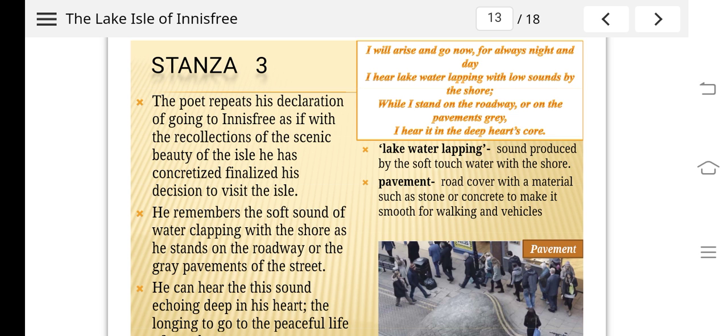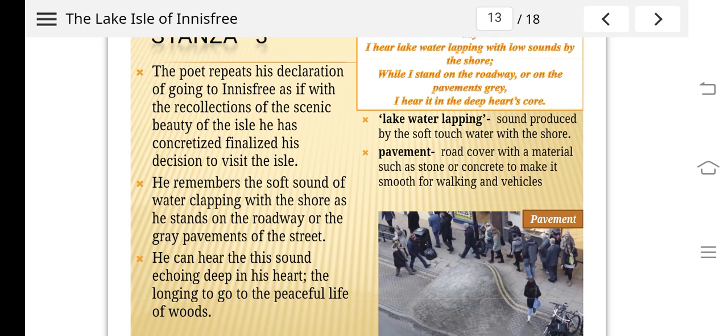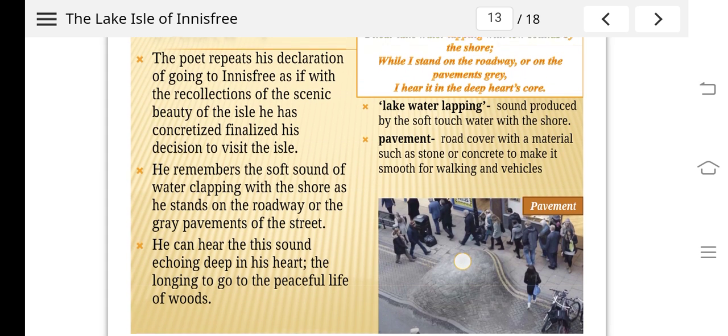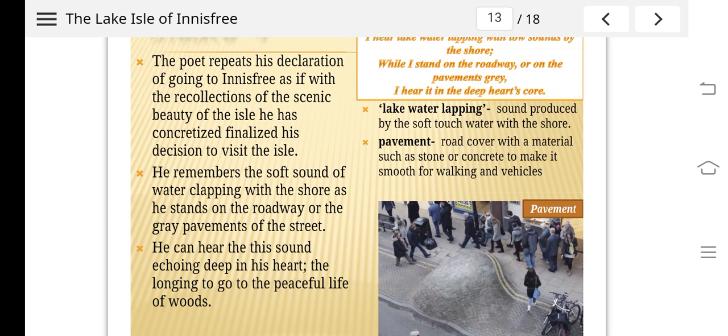He remembers the soft sound of water lapping with the shore as he stands on the roadway or the grey pavement of the street. He can hear this sound echoing deep in his heart, a longing to go to a peaceful life of solitude.